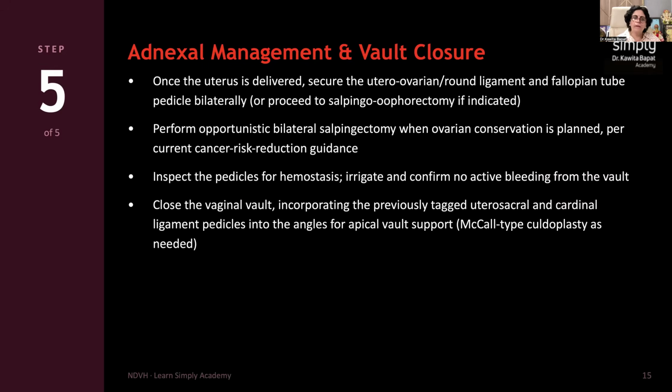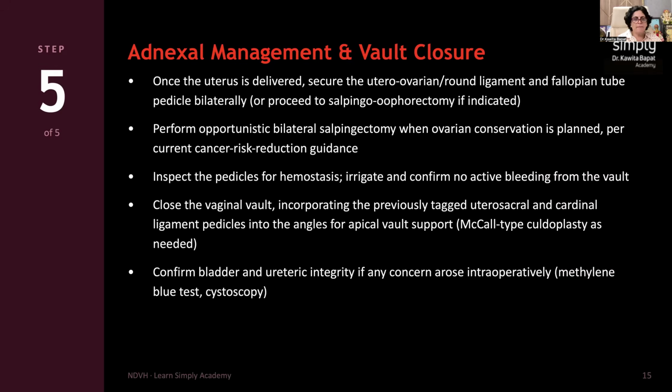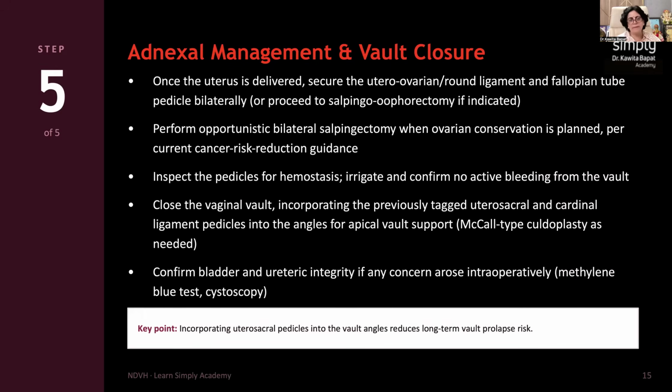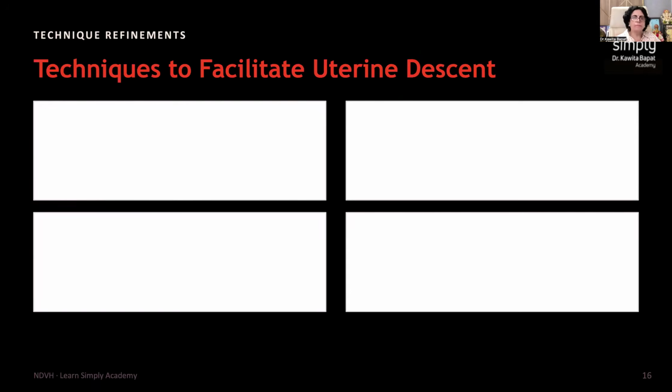Close the vaginal wall, incorporating the previously tagged uterosacral and cardinal ligament pedicles into the angles for apical support, and if needed, McCall's culdoplasty. Confirm bladder and ureteric integrity if concern arises intraoperatively, with a methylene blue test or, if needed, cystoscopy. The key point is that incorporating uterosacral pedicles into the vaginal angles reduces the long-term vault prolapse risk.